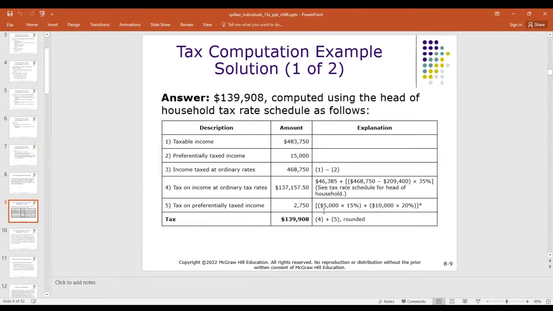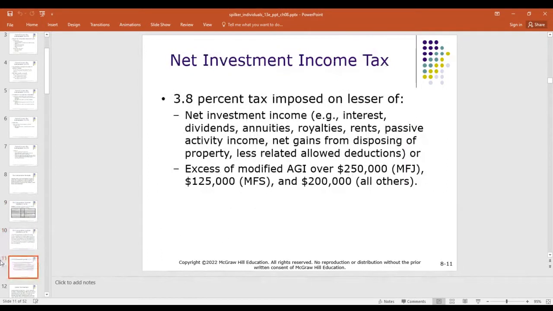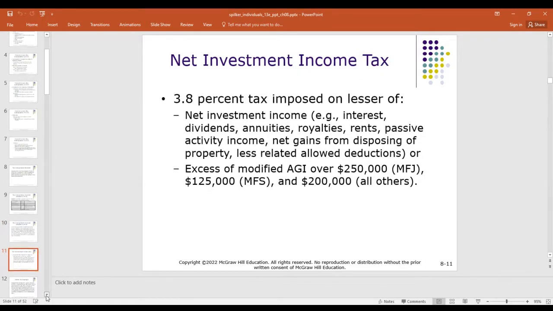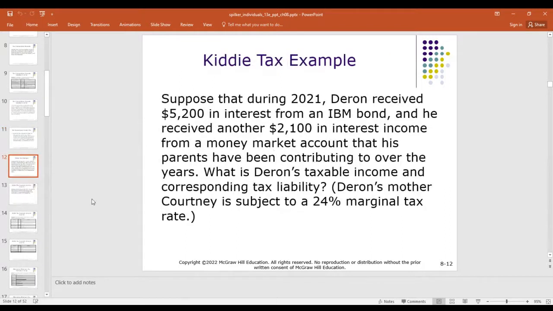We have to be careful of that because some of the preferential income may be taxed at one rate, like 15%, and the other could be at a higher rate. And that explains that in that slide there. All right, I know there's going to be a kiddie tax example. So let me just see. There it is. Okay, so this is Duran.